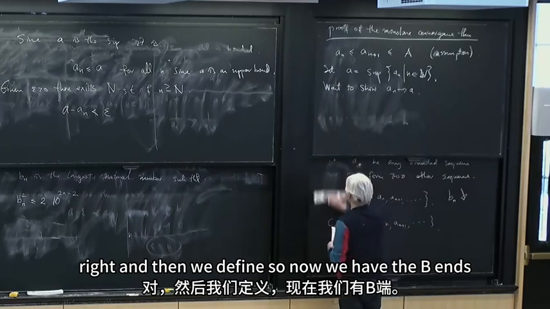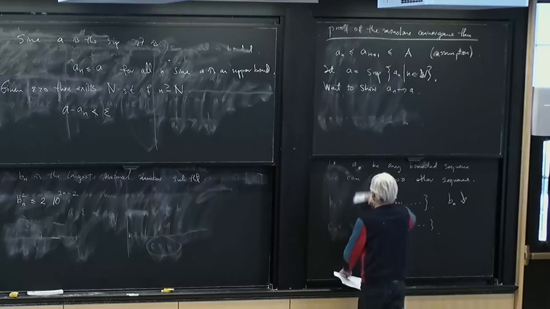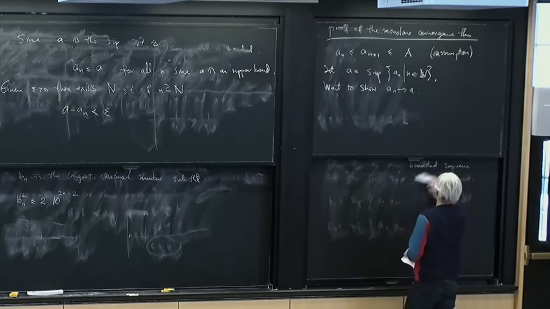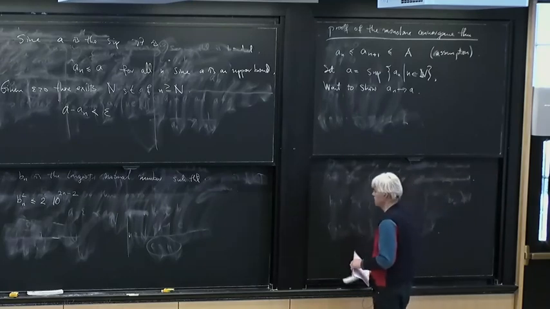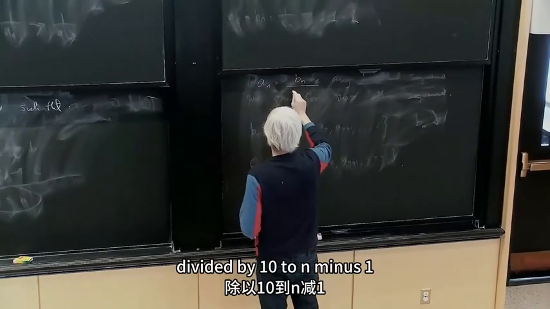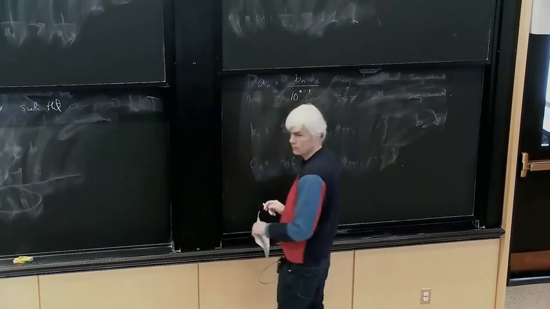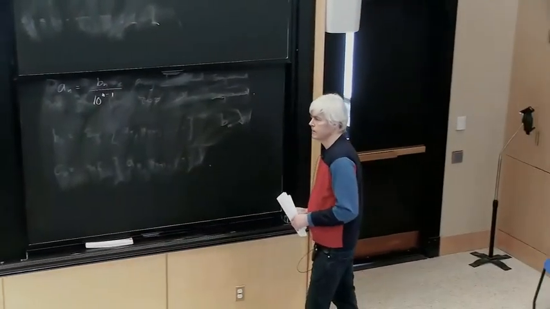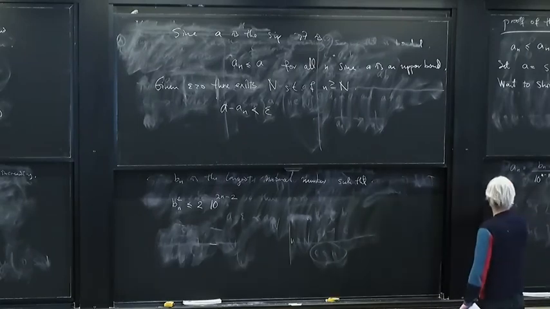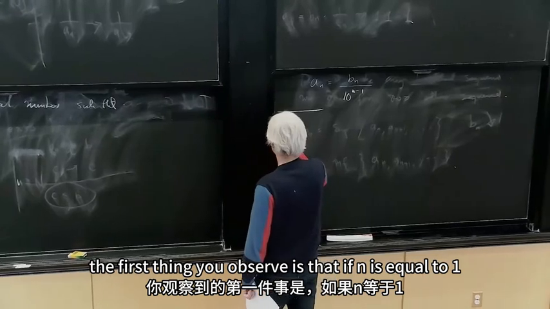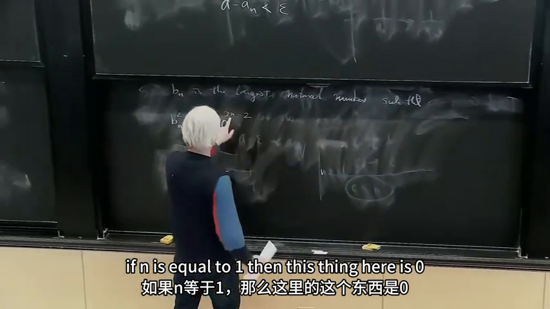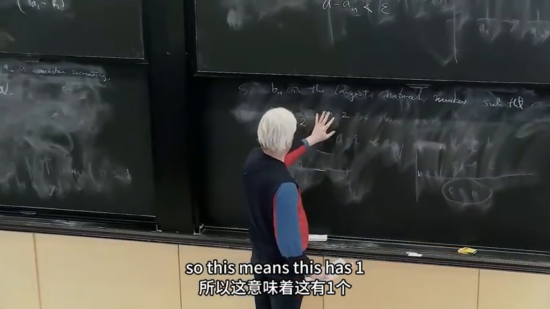Now we have the Bn's, and then again the AN's are defined to be Bn divided by 10 to the n minus 1. The first thing you observe is that if n is equal to 1, then this exponent is 0, so the denominator is 1.